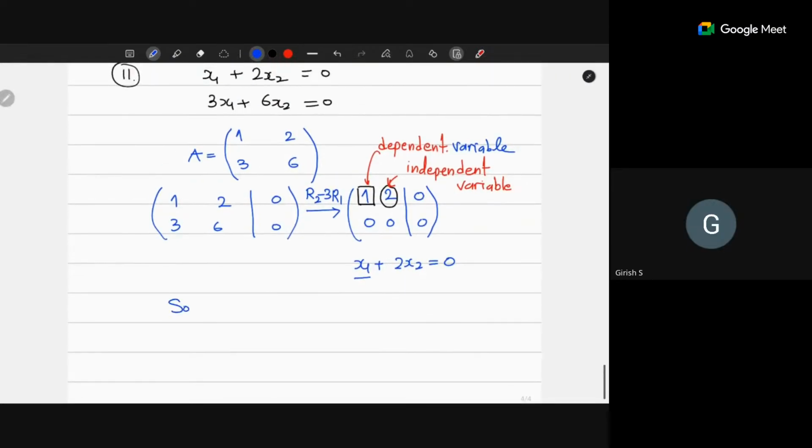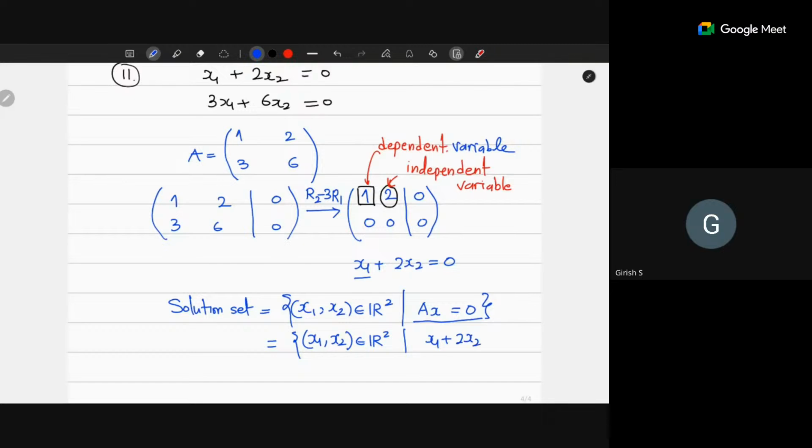So what is the solution set? The solution set of this linear system of equations is the set of all vectors x1, x2 in R2 such that Ax is 0. Okay. Now we have seen that after performing the Gaussian elimination, Ax equal to 0 becomes the expression x1 plus 2x2 equal to 0.